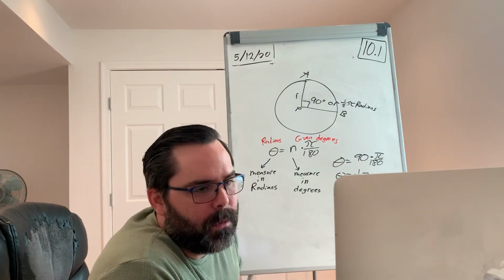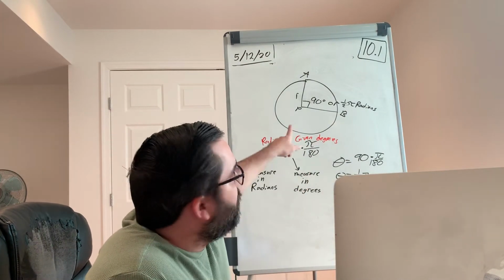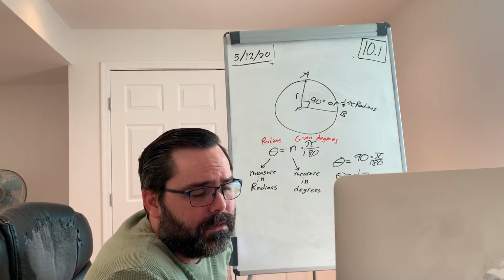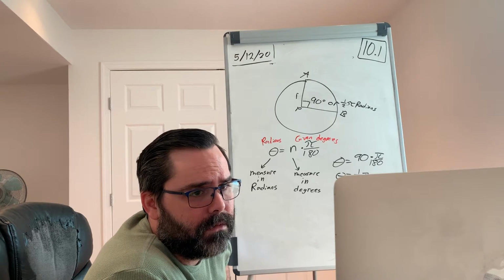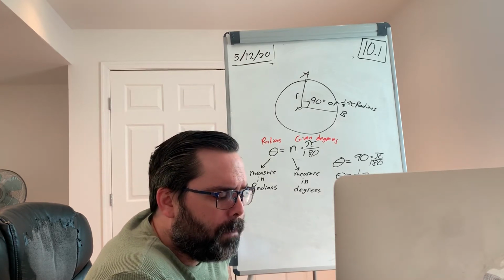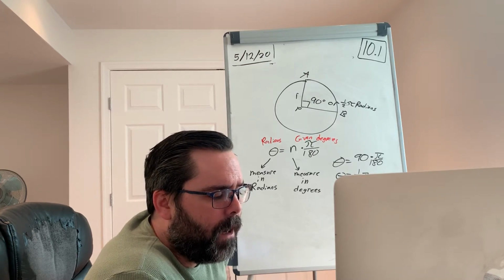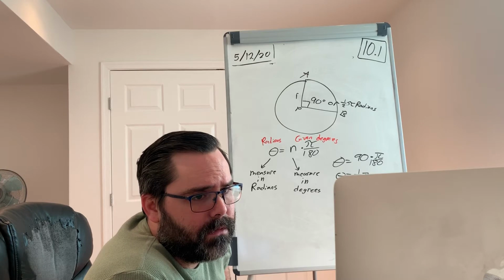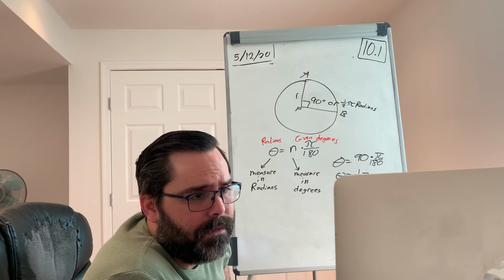Okay, let me ask you this question. What percent of the circle is 90 degrees? Good, 25%. So what percent of the circle would be 180 degrees? Okay, good, 50.